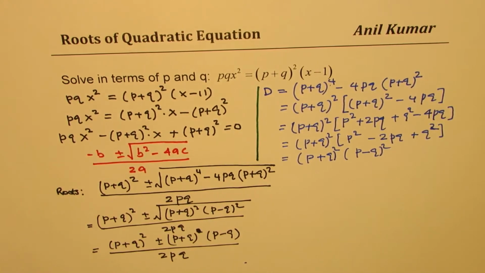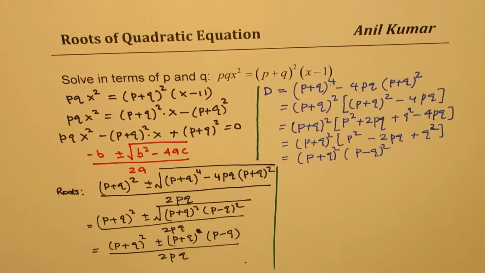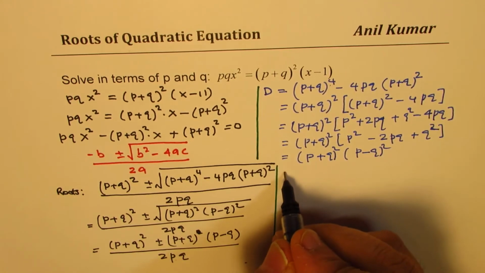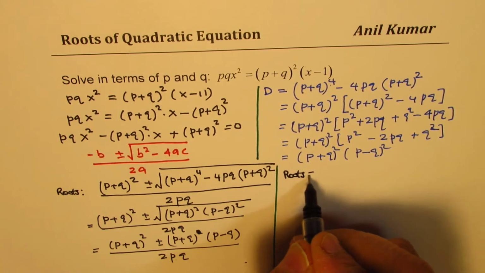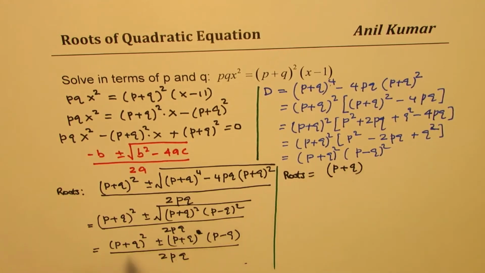So we have two solutions. Let's solve them separately here. Now basically we can take P+Q common, that term. So the roots are equal to, we take P+Q common.